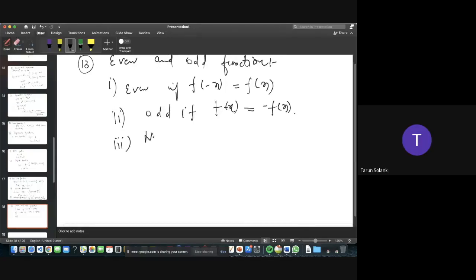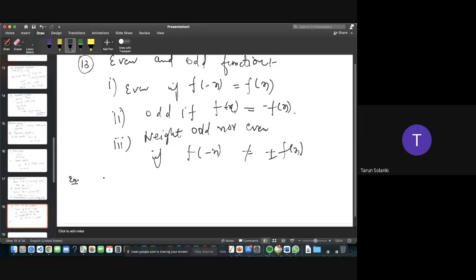Next is neither odd nor even. So for this, f(-x) is not equals to plus minus f(x).